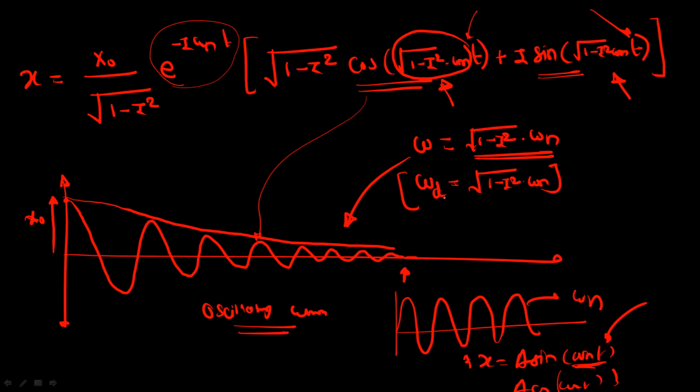If we add damping in the system, for free oscillation, the frequency of that damped oscillation is called the damped natural frequency. And this equation is only valid for zeta less than 1. For zeta equal to 1 and greater than 1, this equation will not be valid because both the systems are non-oscillatory.